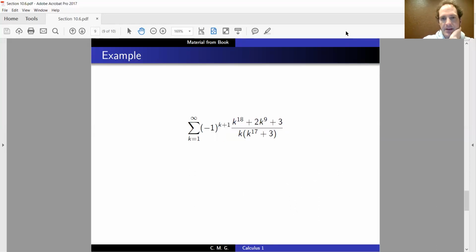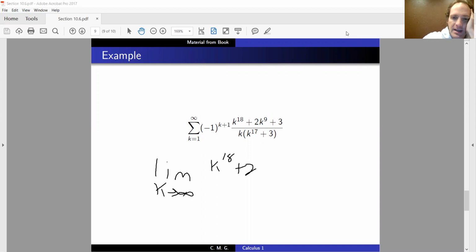All right. How about this one? So it's an alternating series. I look at the terms here. What is the limit as k goes to infinity of k to the 18 plus 2k to the 9 plus 3 over, I'll multiply that k through, k to the 18 plus 3k?